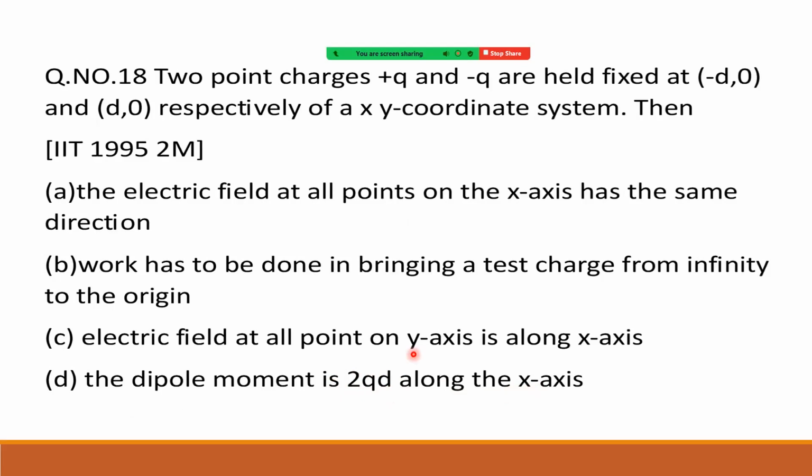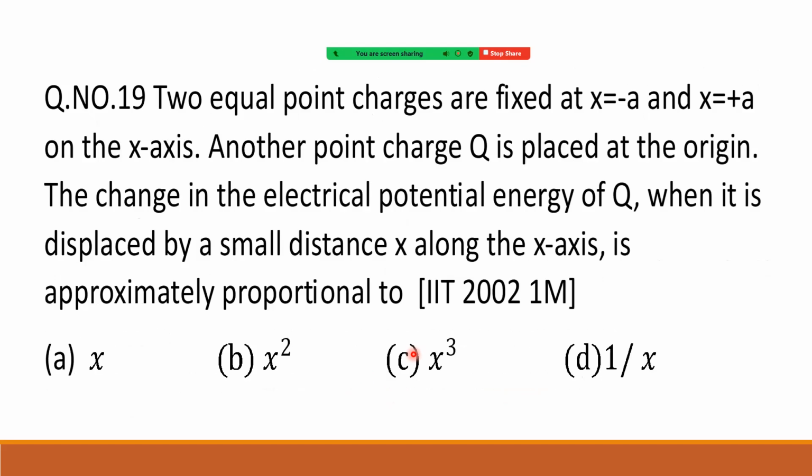Okay. See the next problem. Two equal point charges are fixed at x equal to minus a and x equal to plus a on the x-axis. Another point charge q is placed at the origin.